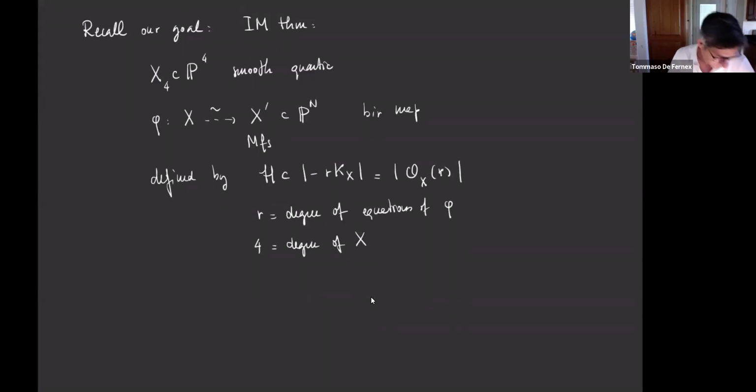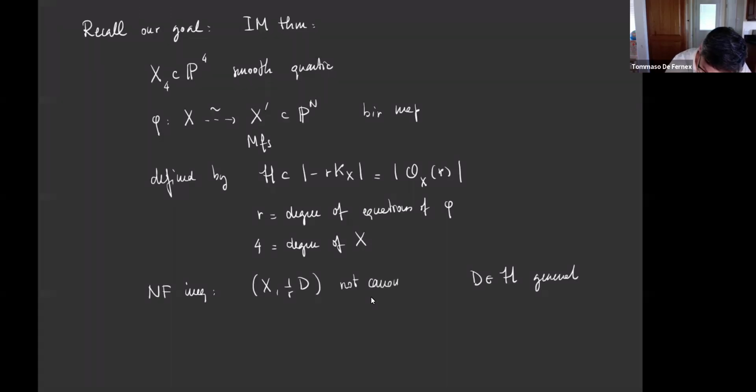And then we proved this Noether-Fano inequality, which says that if I look at the pair (X, 1/R D), where D inside H is a general member, some general divisor in the linear system defining the map, then this one is not canonical, if phi, the birational map, is not an isomorphism.